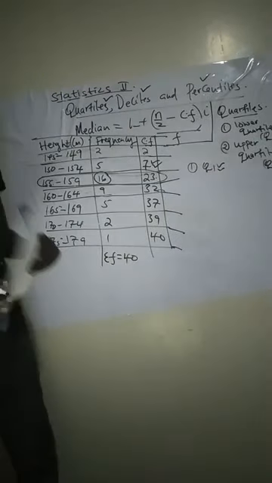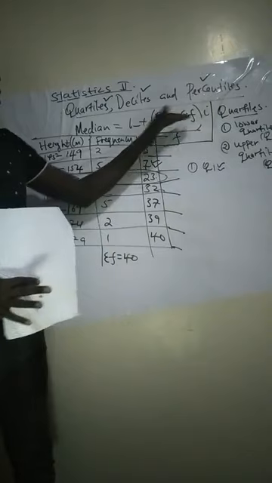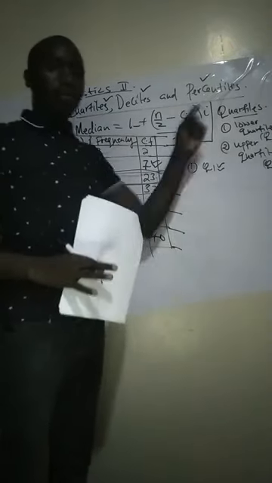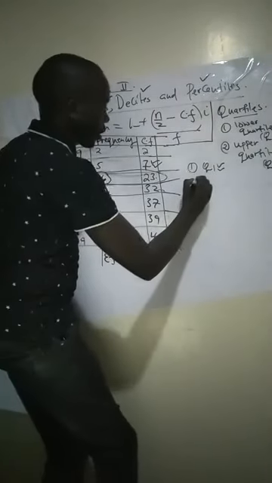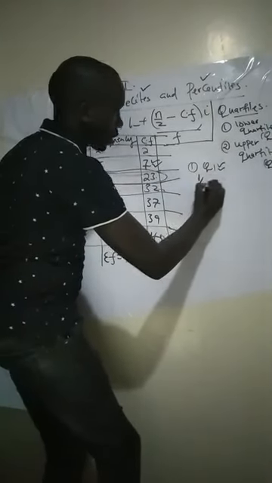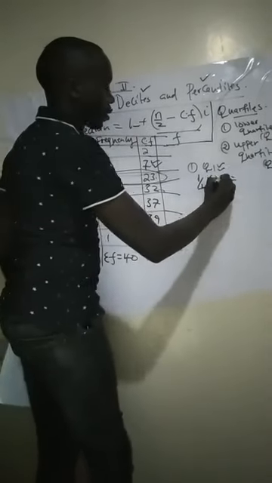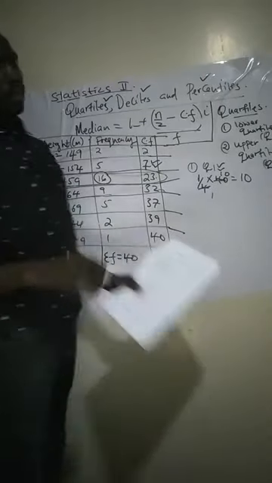The first thing, remember in the case of median, we were taking n divided by 2, basically a half of the total frequency. In this case, in getting the lower quartile, I'm going to take a quarter of the total frequency. A quarter of 40 gets 10.